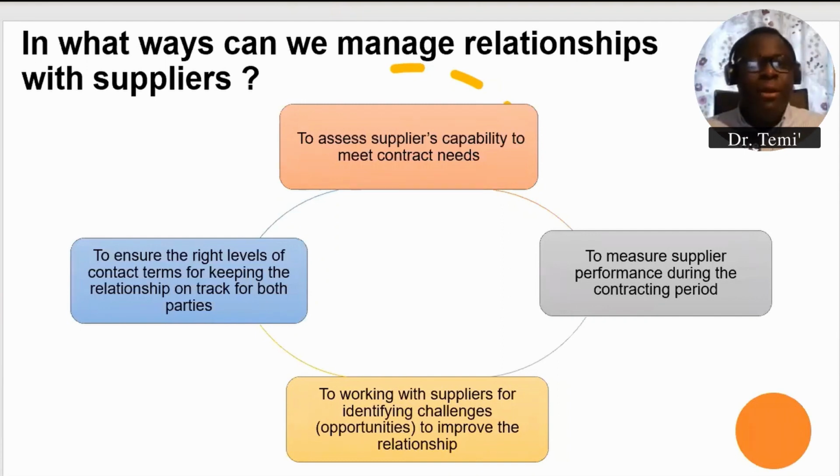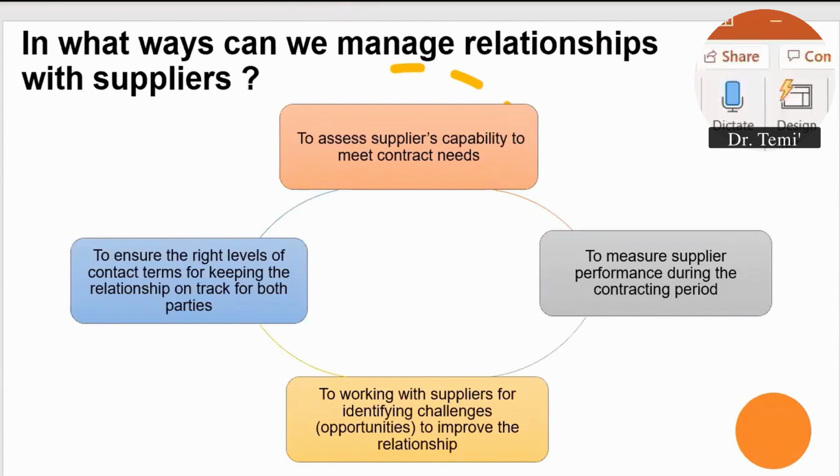Then the other way by which you can manage relationship with suppliers is to work with the supplier in a kind of collaborative approach to identify challenges with the supplier of that product. No contract is perfect. No supplier is perfect.